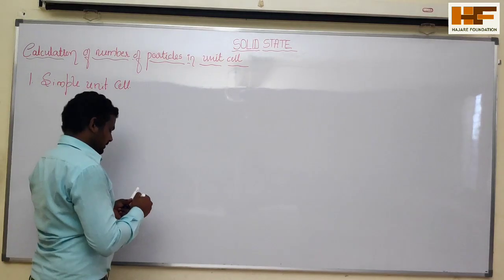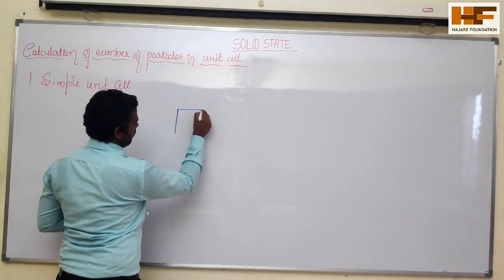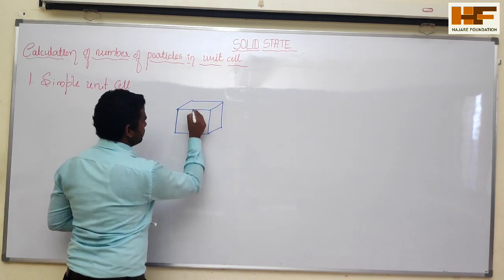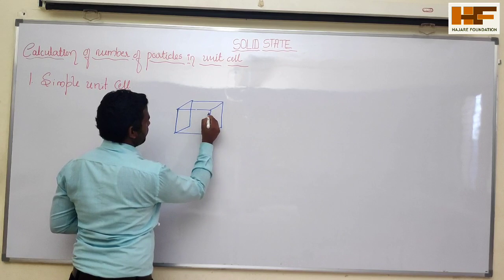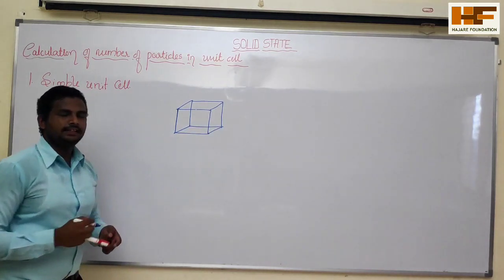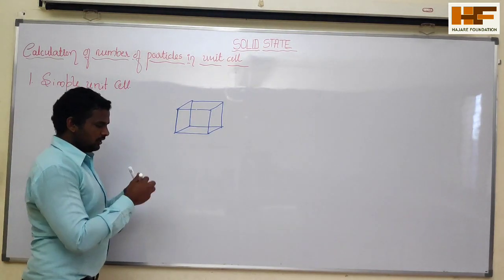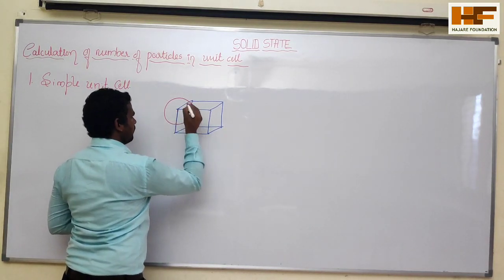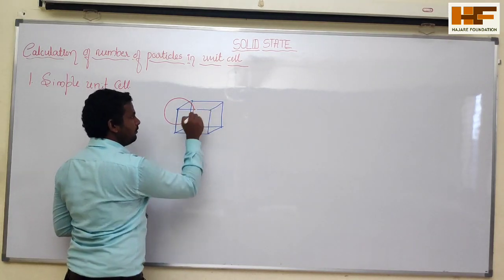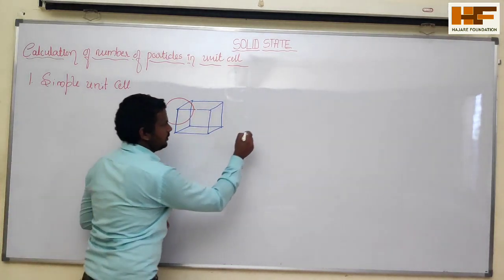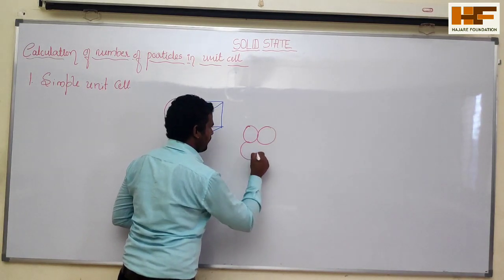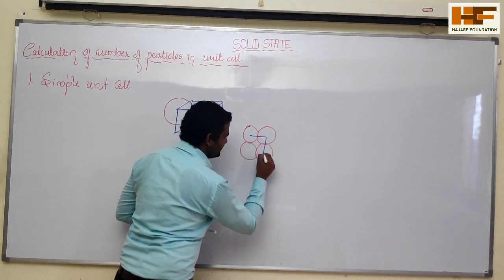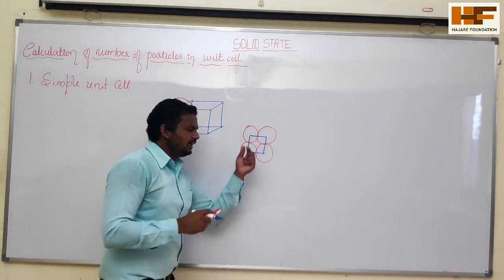If I draw the diagram here, right. So this is the unit cell. In this, the first corner we are having one atom completely, right? And second one, we are having one more. So like this atoms are present here. Means what? Suppose if I cut the cubic unit cell here, we will get only this part.